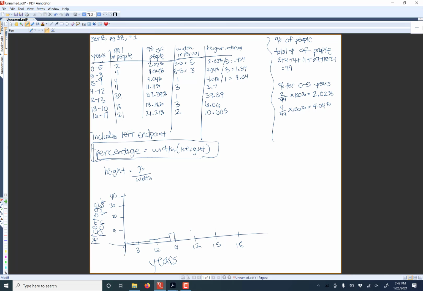Then I go from 9 to 12 and I have a height of 3.7, so a little bit lower. 12 to 13 has a height of 39. And from 13 to 16 has 6.